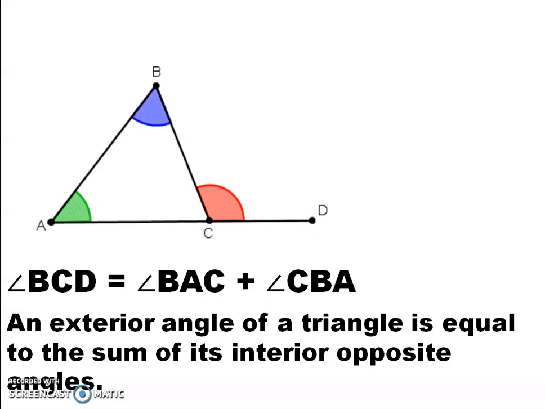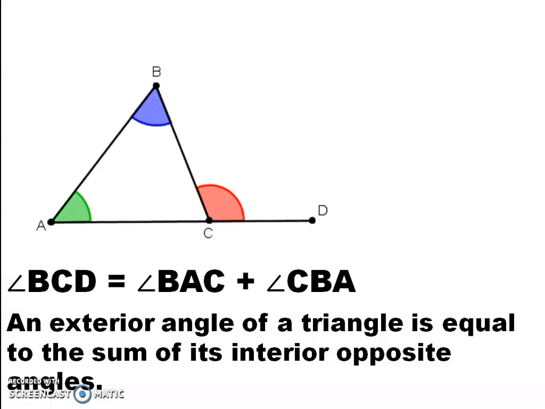Here you can see the exterior angle property of a triangle. The red color indicates the exterior angle and blue-green indicates the interior opposite angles.